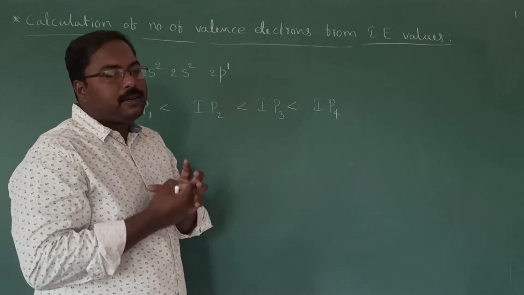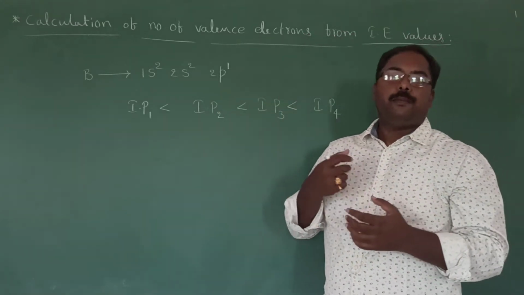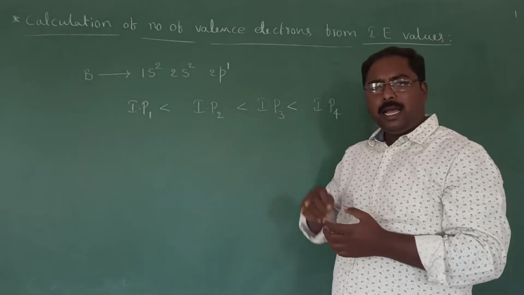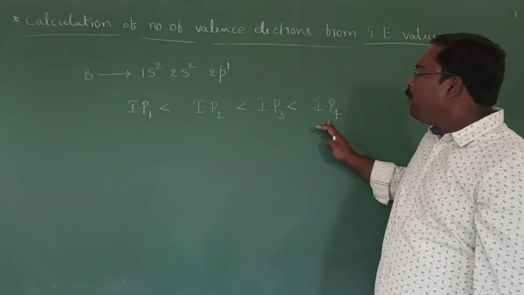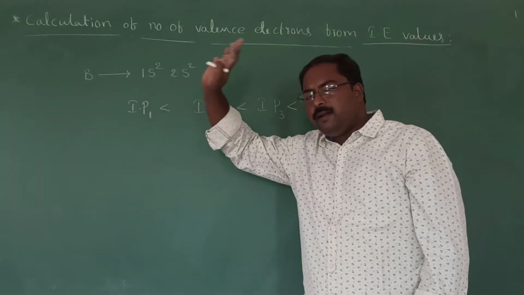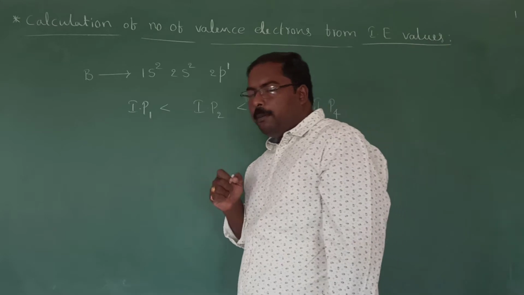The remaining electrons are held strongly by the nucleus, so we must apply more energy to remove them. That is why in all cases IP4 is greater than IP3, greater than IP2, greater than IP1.